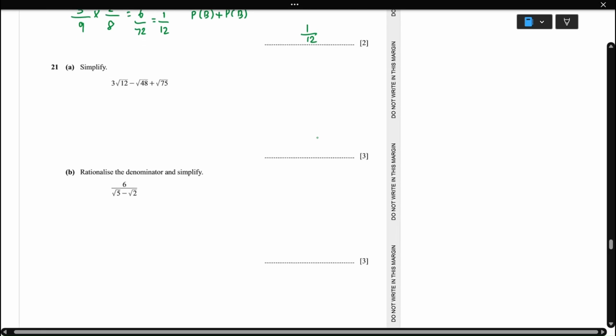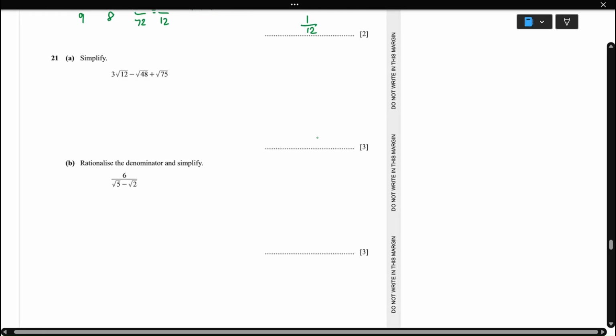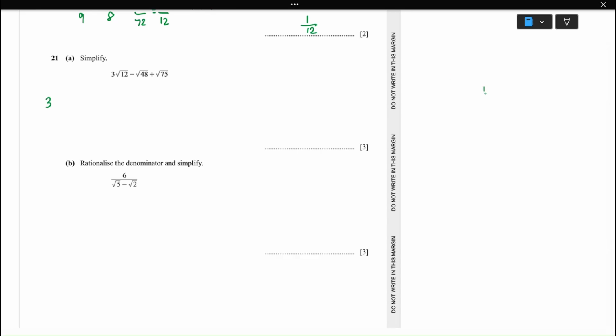Next one, simplify 3 root 12 minus 4 root 48 plus root 75. First, for 12, we go for prime factors, which is 2, 6 and 2, 3. So I can write this as 2 square times 3.